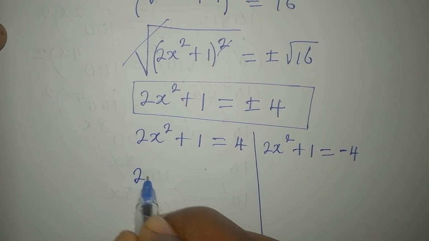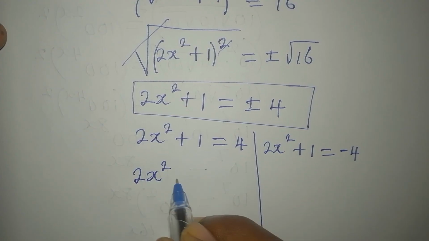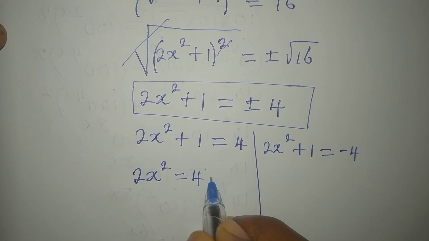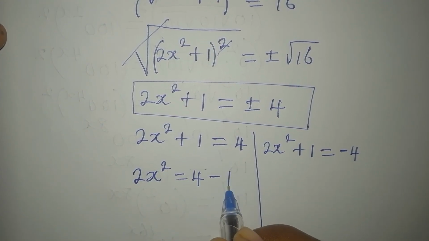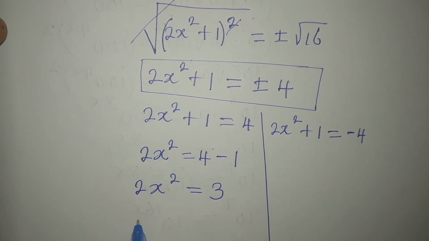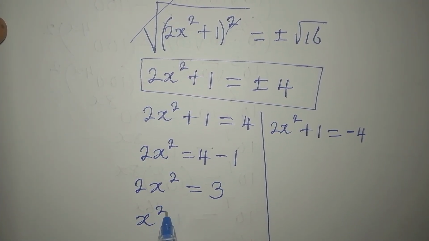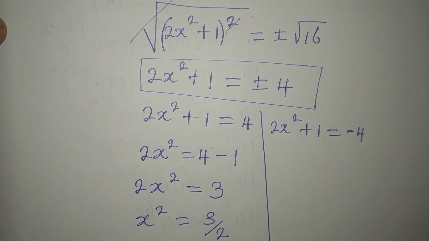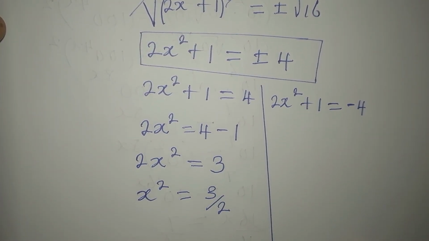So now we have 2x² = 4 - 1. Now 2x² will be equal to 3. Now our x² will be equal to 3/2 if you divide both sides by 2.